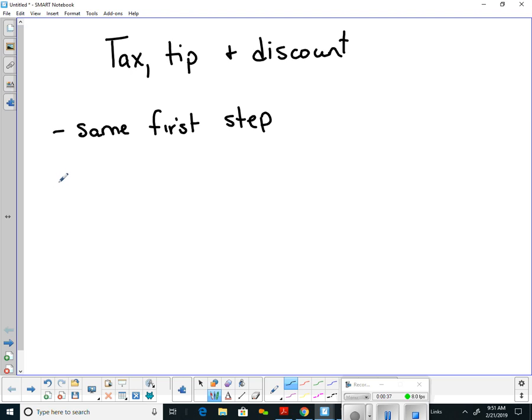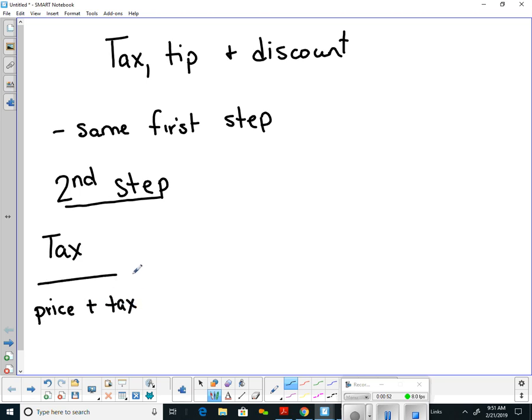So the second step in each problem. For the tax, you're going to take the price and add the tax. For tip, most of the time they just ask you what the tip is going to be, so you stop after the first step.